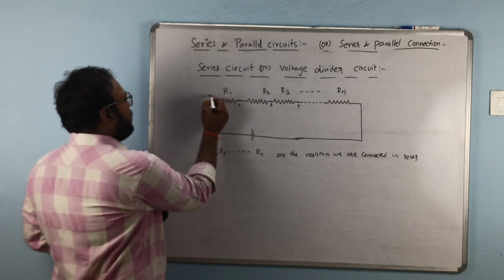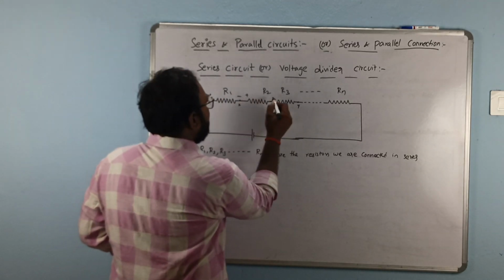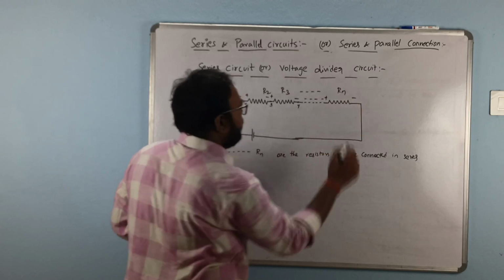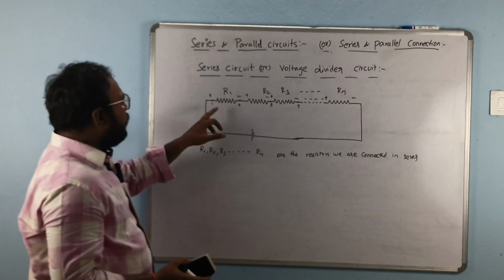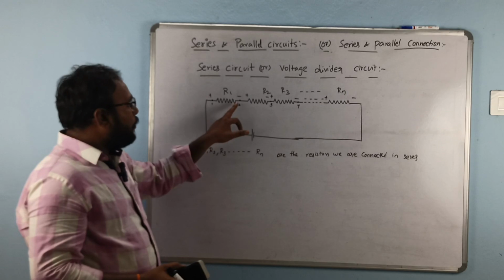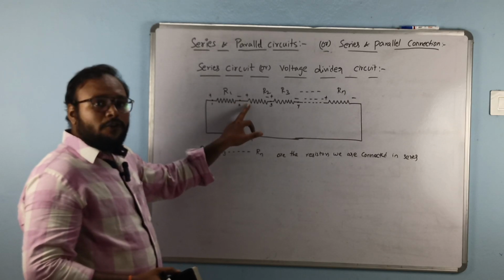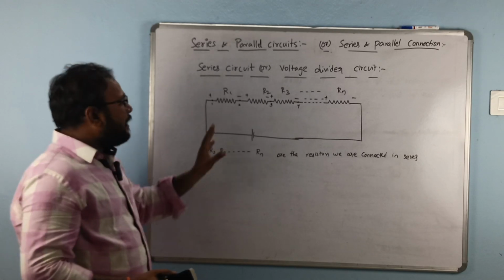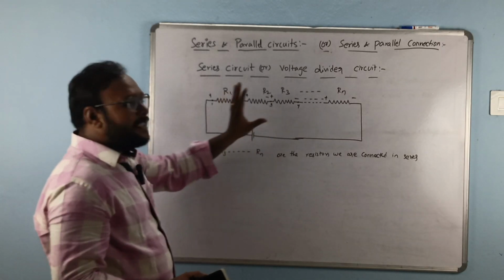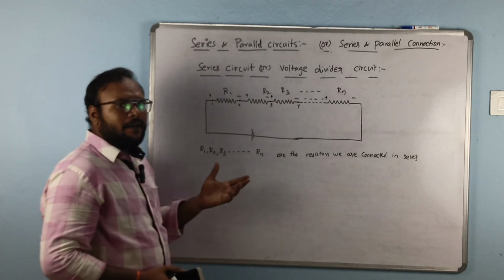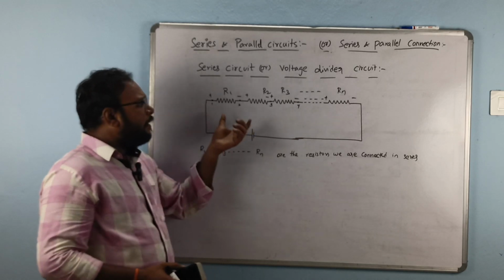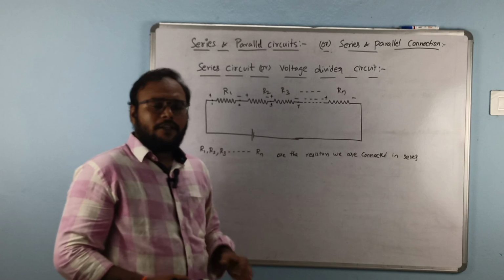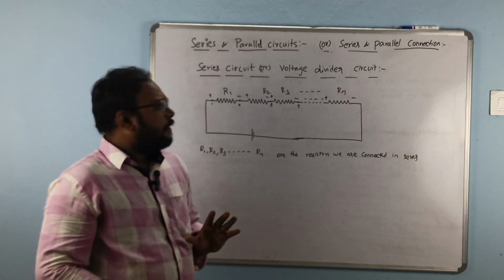If you take the signs plus, minus, plus, minus and so on, the negative terminal of the first element is connected to the positive terminal of the next element. This type of connection is known as series connection, whatever the element may be. For example, we are taking the resistor as an element here, but you can take an inductor or a capacitor, whatever it is.